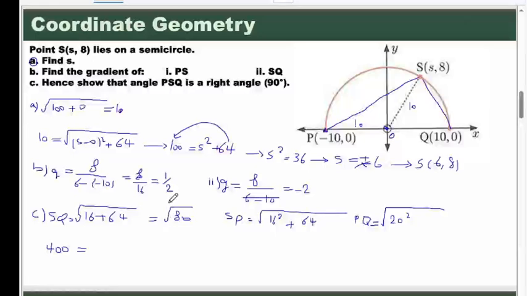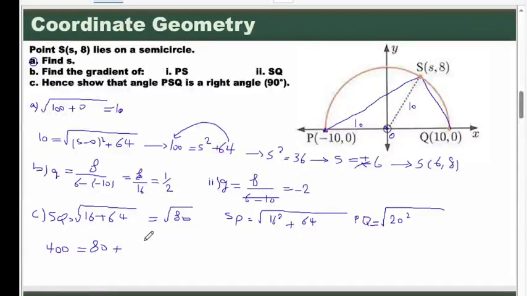SQ is the square root of 80, to the power of 2 gives me 80, plus SP to the power of 2.